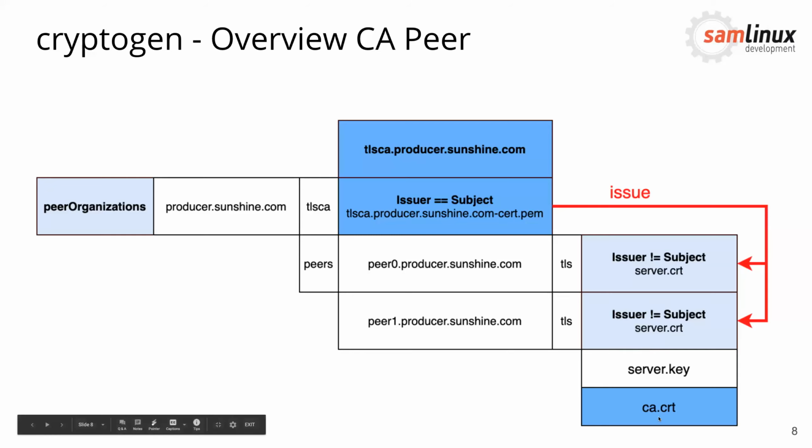And here also cryptogen copies the root TLS certificate into this folder. So when we have here the peers, we are on peer 0, we are on peer 1, and I have copied this here, also the server cert from peer 1 and the server key from peer 1. And then we have here a copy of the root TLS certificate from our producer sunshine.com organization.